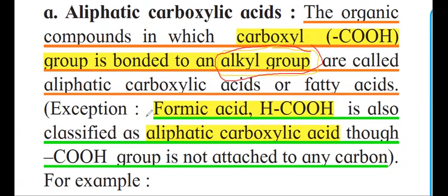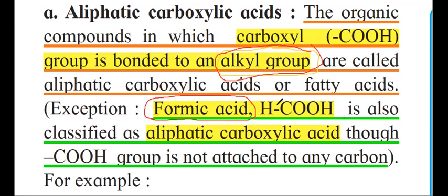There is also an exception for this rule, as we have seen in aldehydes with formaldehyde. In carboxylic acids, formic acid is the exception. See the formula, it is HCOOH.